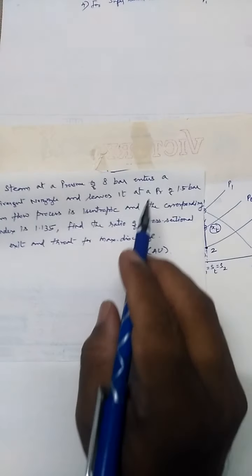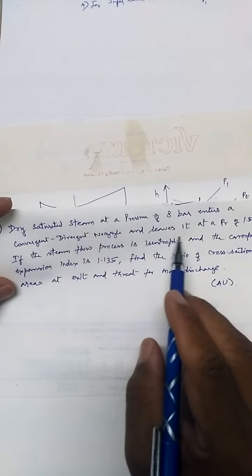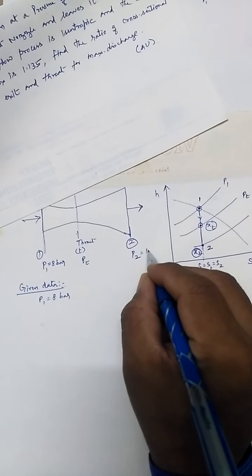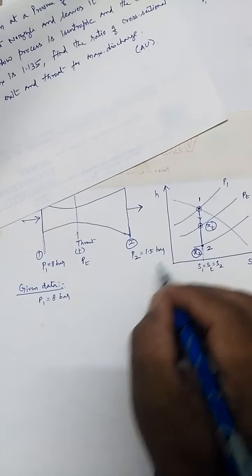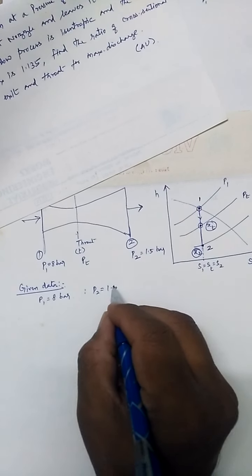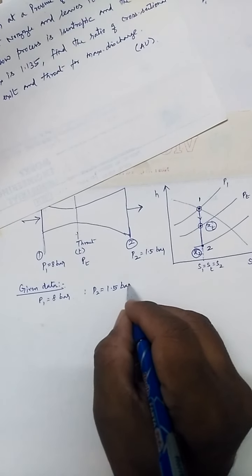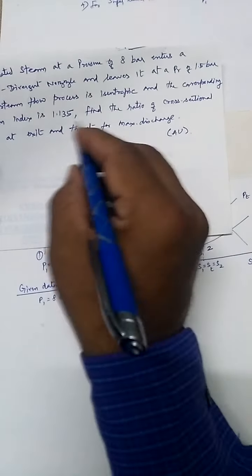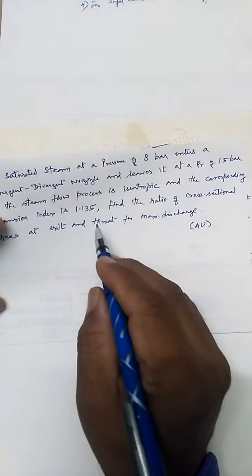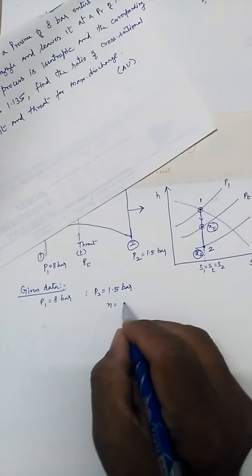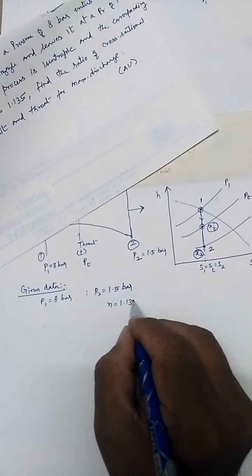It enters the convergent-divergent nozzle and leaves at a pressure of 1.5 bar. So P2 is given as 1.5 bar. Then the index of expansion n is given, so 1.135.